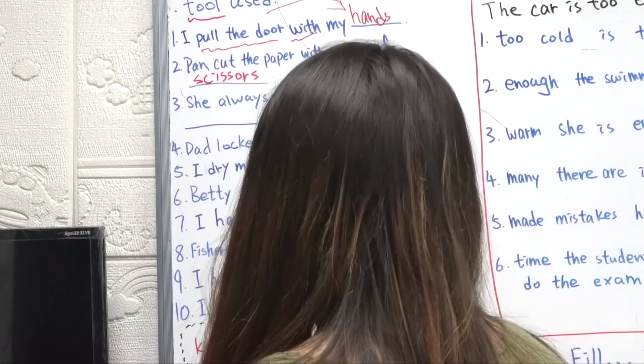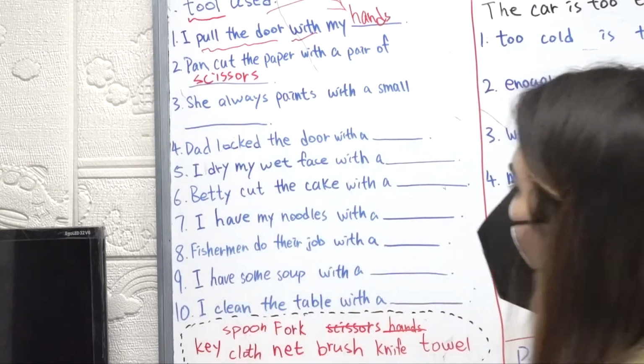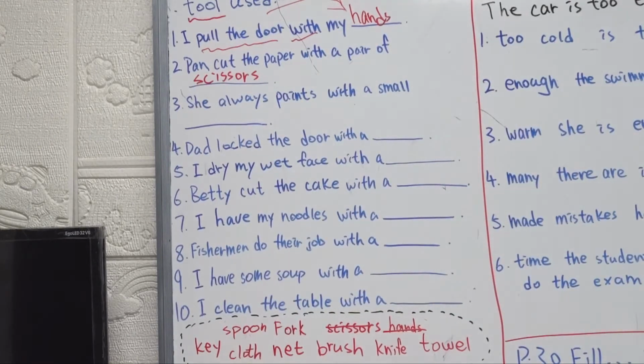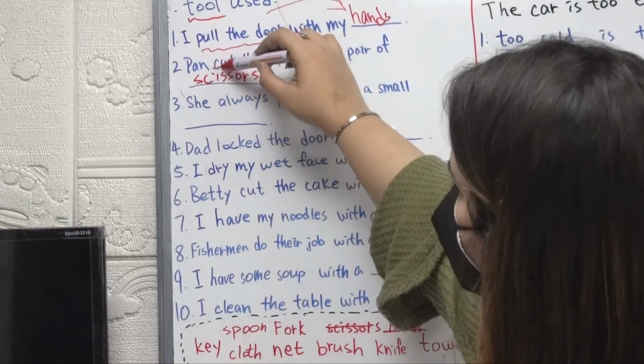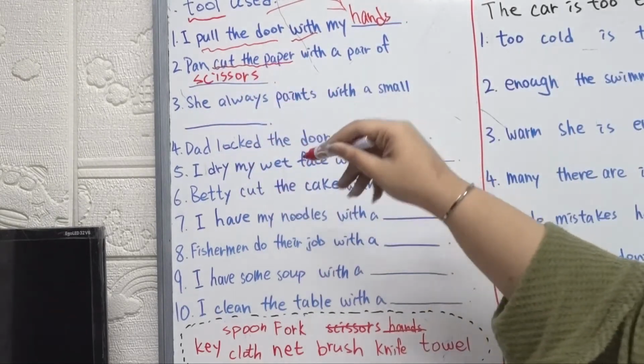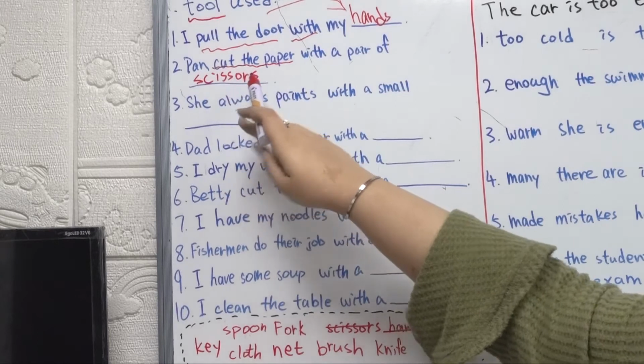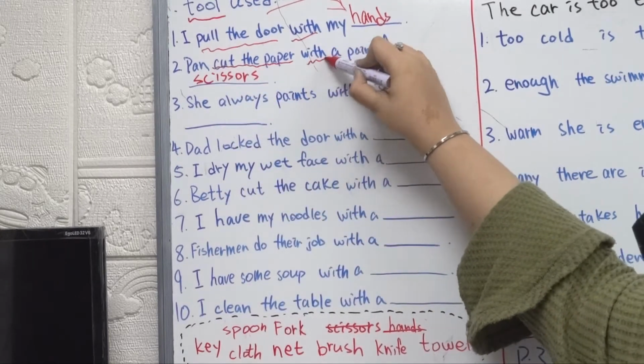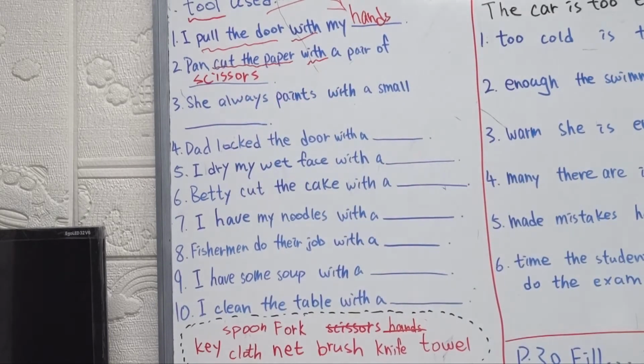So, which one is the action in this sentence? What does Pan want to do? Cut the paper. Yes, cut the paper is the thing that Pan wants. And the tool he uses is scissors. So, another example. Good job.